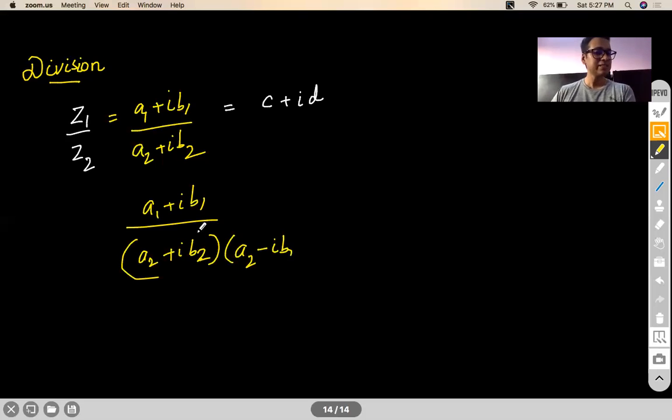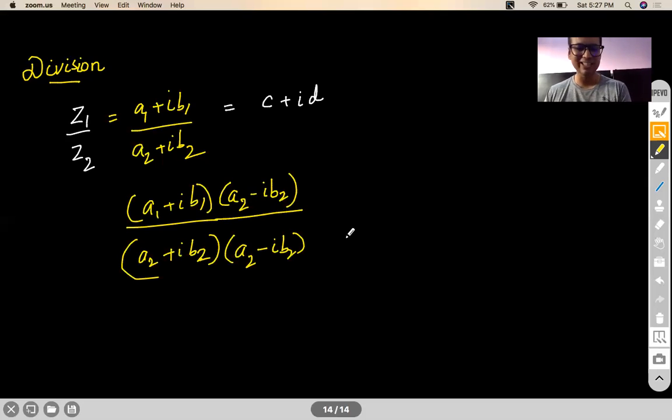Why am I doing this? This will help us to realize the denominator. Don't use the word rationalize. There's nothing rational or irrational about it. You are realizing it, not that English realization. You are making it real.